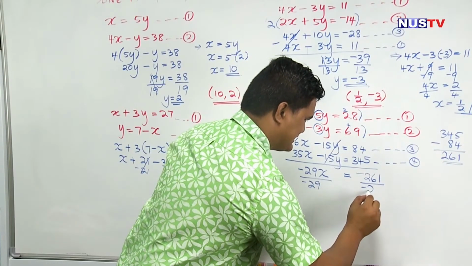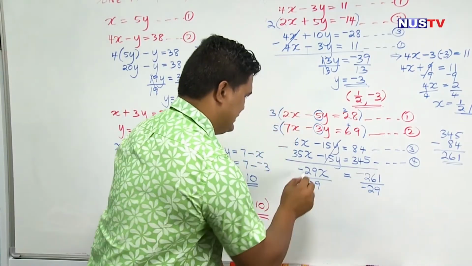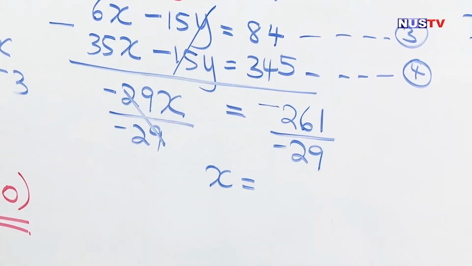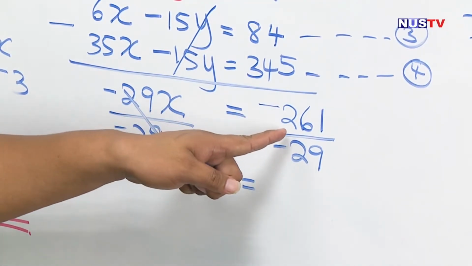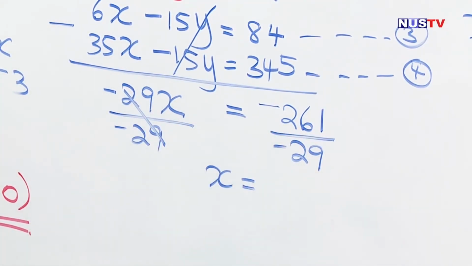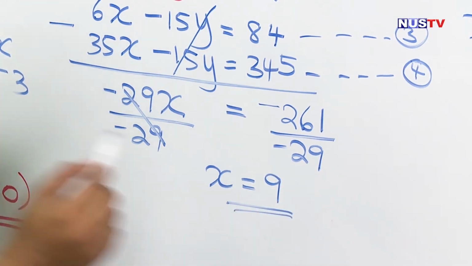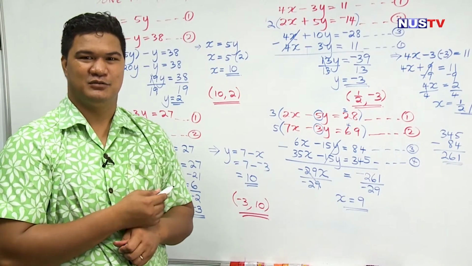So this negative 29 cancels out, so our value of x here will be equal to negative 261 divided by negative 29. The answer there will be positive 9.